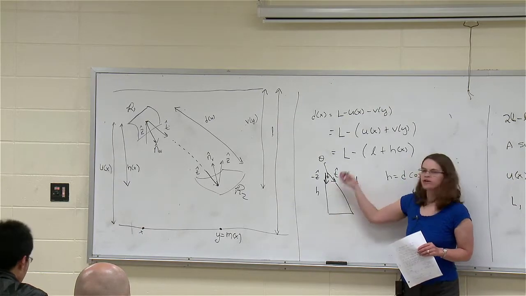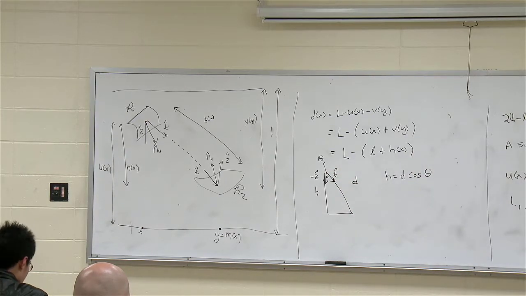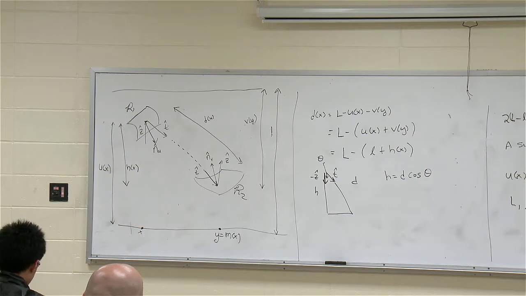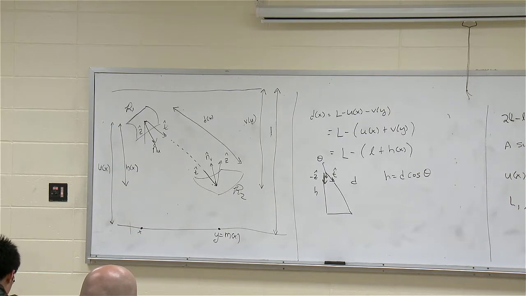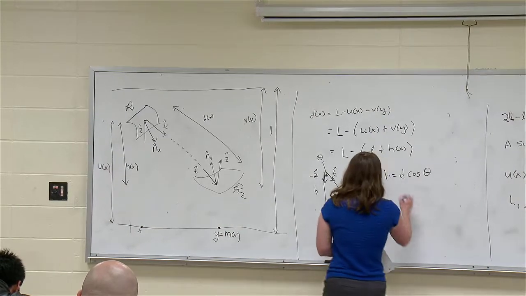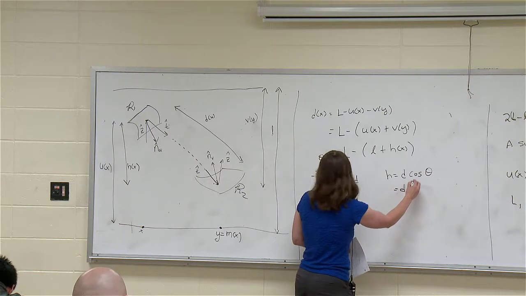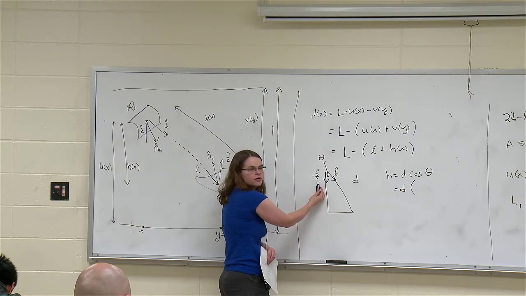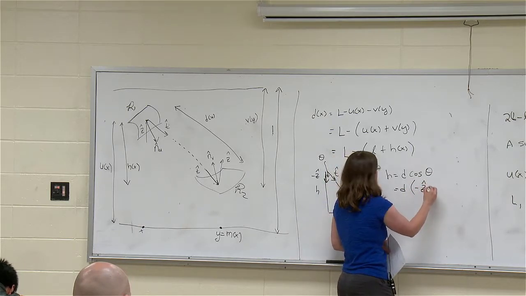Okay, and what's the cosine of the angle in terms of things that I have written here? Yeah, it's a dot product, right? So d times the cosine of the angle is just what happens when I dot these two vectors together, minus z hat dot t hat.